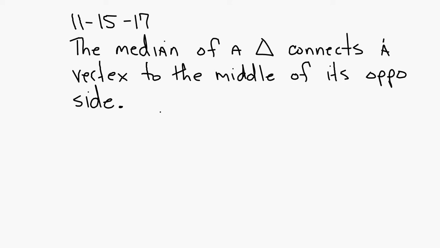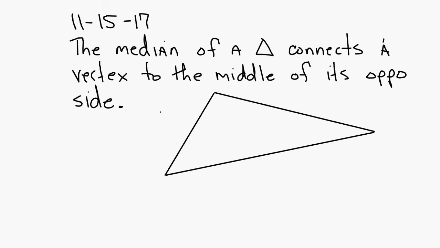One more time. The median of a triangle connects a vertex to the middle of its opposite side. So to picture that, if you've got a triangle and your triangle is ABC, and you take a line and you connect a vertex, we'll take vertex B, and we'll connect it to the middle of its opposite side.